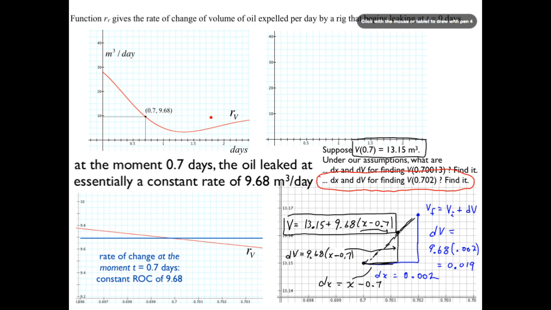So instead, we want to start over and break up the rate function into larger intervals and do the same thing over larger intervals, so we can at least get something for the whole 2 days. Any questions on what we did for the little interval? Okay.